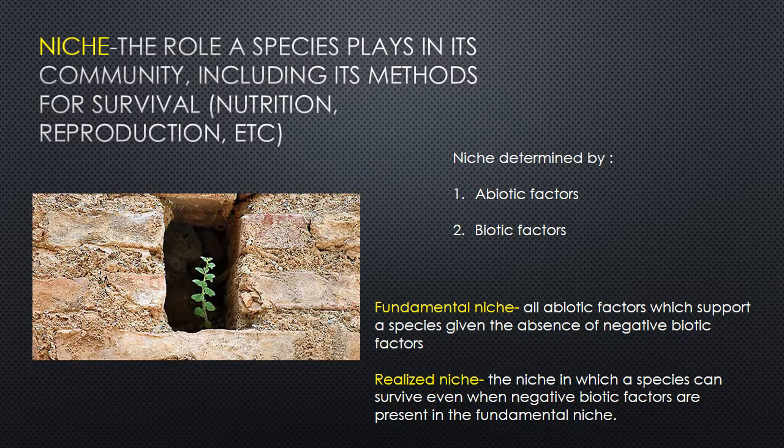The realized niche is that fundamental niche, and then you add in the negative biotic factors. For instance, the environment may be perfect for this animal, but the realized niche means that there are predators in that region as well. So it may not be as perfect as the fundamental niche.